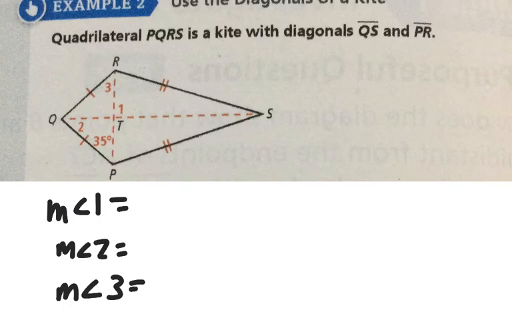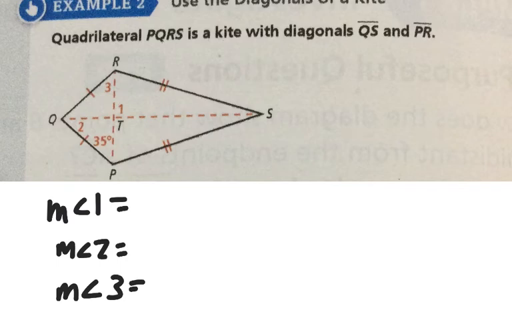So, what did we just learn about the diagonals of a kite? They go from one angle to the other. They do. They go from one angle to the other that are across. Not the touching angle. And where they meet is perpendicular. So that means what?